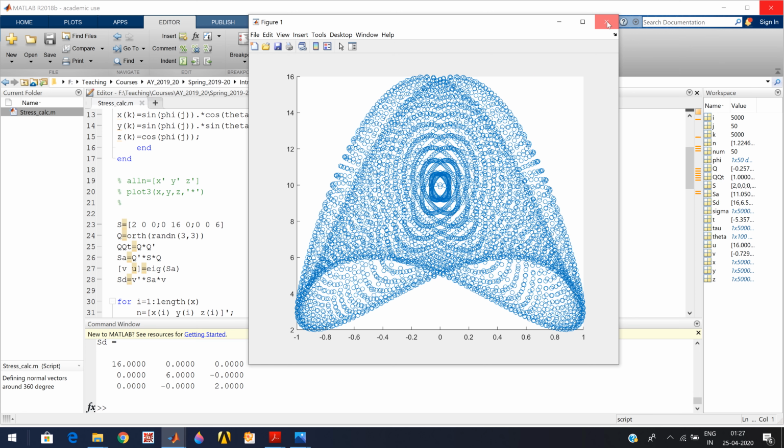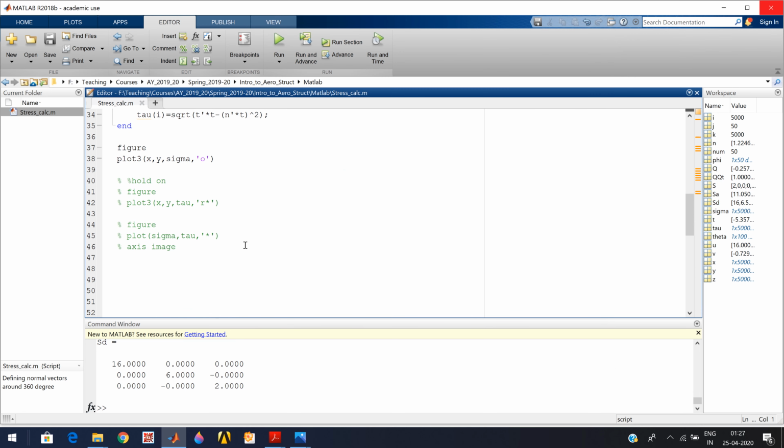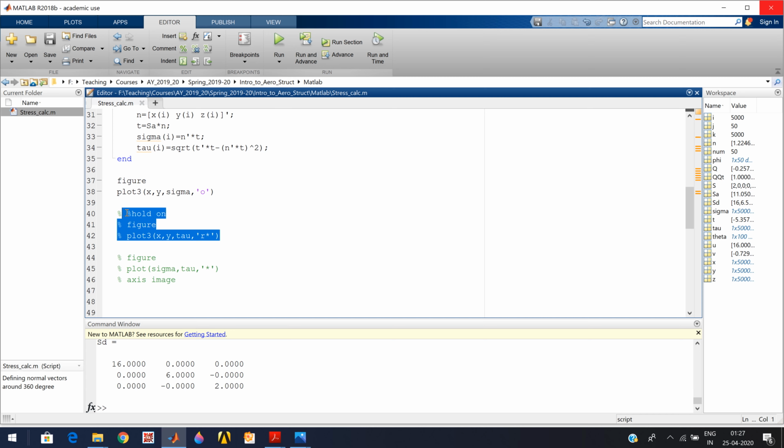All right, now let us see the plot for tau, the shear stress.